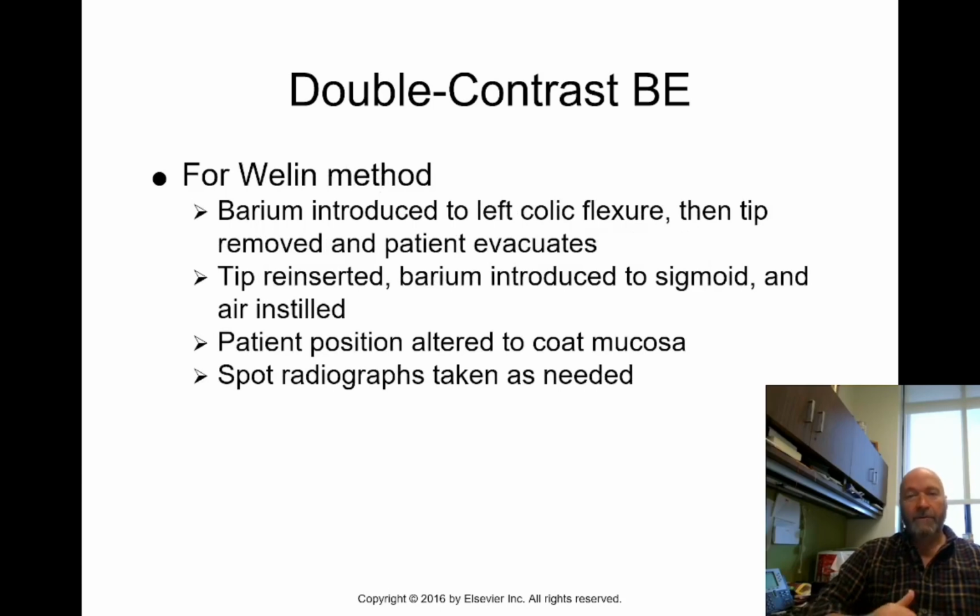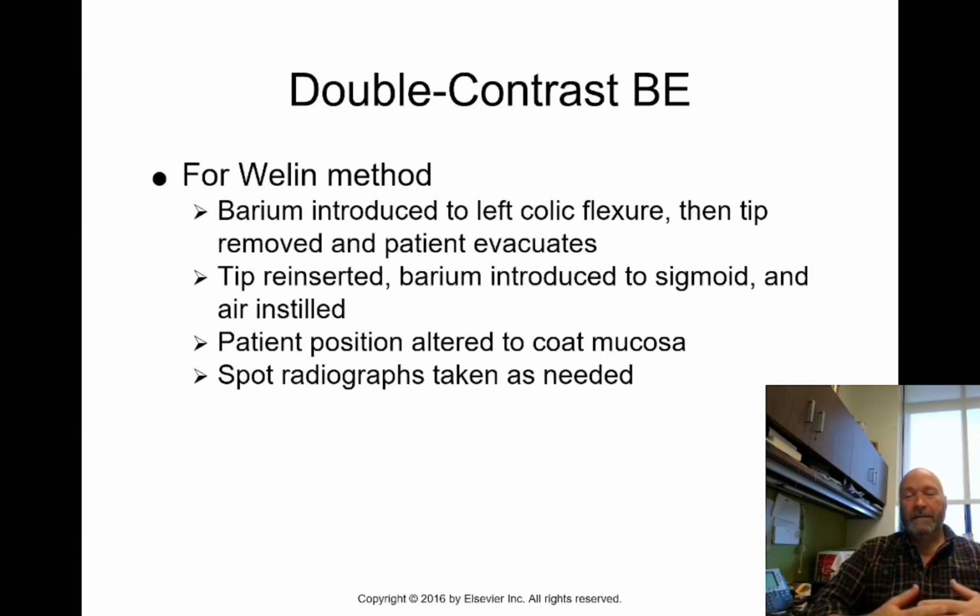And full disclosure, I've never done this a single time in my career. But what you would do with the Wellen method is you would introduce the barium all the way up to the splenic flexure, remove the enema tip, have the patient go to the restroom, and then put the enema tip back in or an enema tip back in so that you can introduce air and have the patient roll around into different positions.